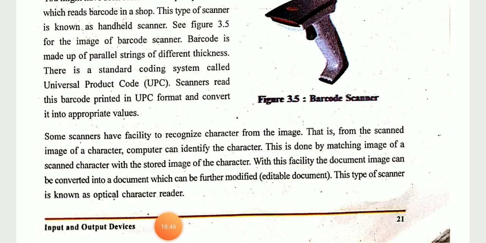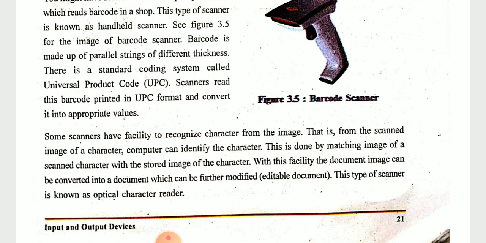A barcode is made up of parallel strings of different thickness. There is a standard coding system called UPC, Universal Product Code. The scanner reads this barcode printed in UPC format and converts it into the appropriate value.